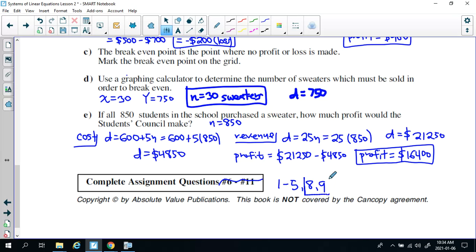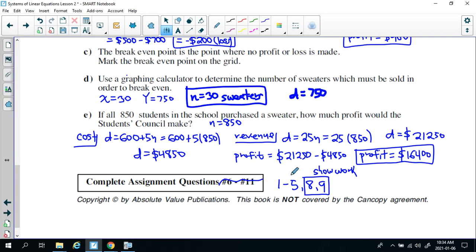Once again, the expectation is, even though they're multiple choice and numerical response, I want you to show the work. Show work for all of them, including numbers 1 through 5 when you need to, although I think number 1 is just you have to simply identify what it means to have 0 solutions, 1 solution, or infinite solutions.